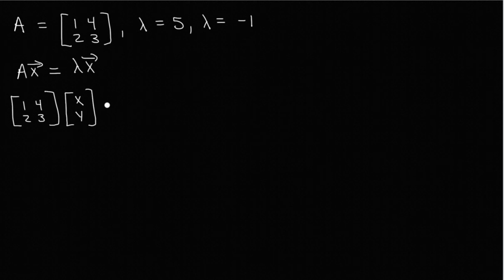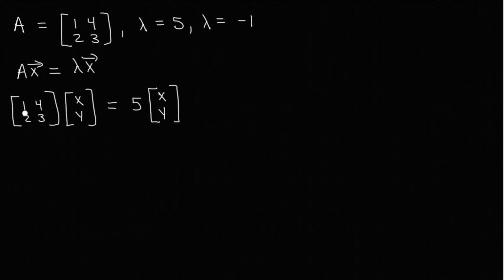Those can be our two components for our mysterious unknown vector x. So now my eigenvector is x and my eigenvalue is 5. So I'll put x, y over here. And now we can do the multiplication.